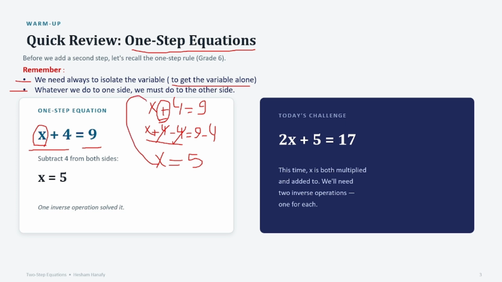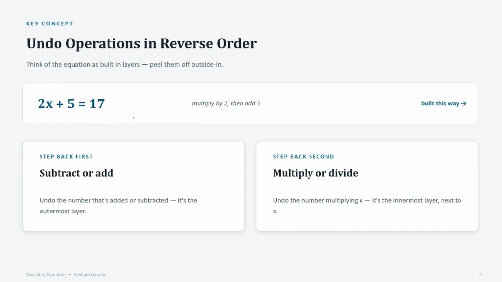We need to go back and substitute x here with 5. So 5 plus 4, which is equal to 9. And that's it. Okay, so let's move forward to today's lesson, which is two-step equations.